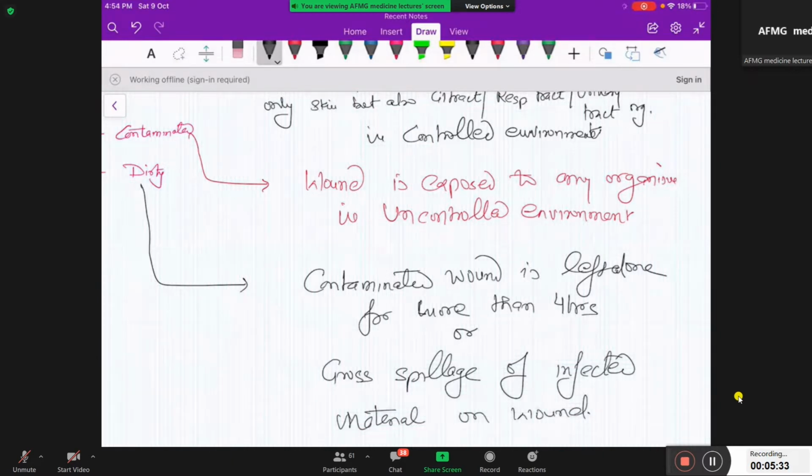Then the wound will be considered as a dirty wound.